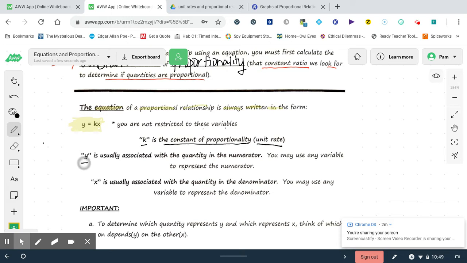y is associated with the quantity in the numerator. When you divide, you have a numerator and a denominator. So y is usually associated with what goes in your numerator. Keep in mind we're talking about how to get a unit rate. You have to divide.